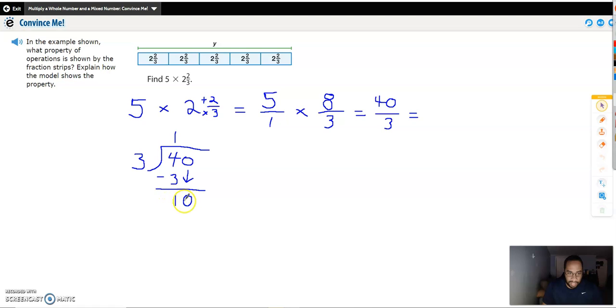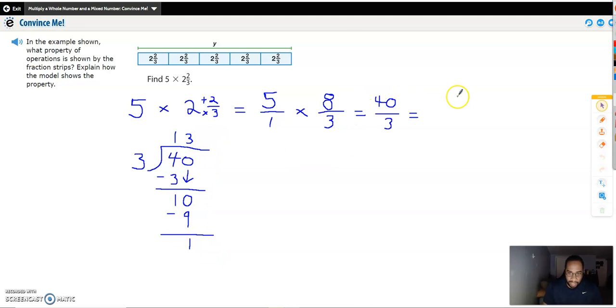Jaden? Yes, 3 goes into 10 3 times. 3 times 3 is 9. So 10 subtracted by 9, Marley, is 1. Does 3 go into 1? Ashlyn? No.